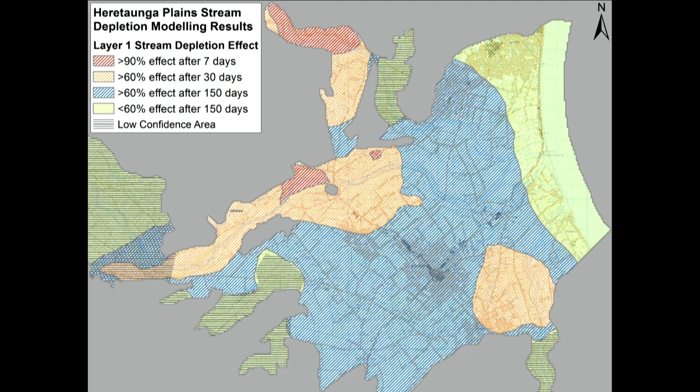We're not an incredibly wealthy council, but we think the best bang for buck would be to focus on these areas here, where there's quite a high connection to surface water, and around that confined, unconfined boundary area where we really need to know more at a higher spatial resolution.